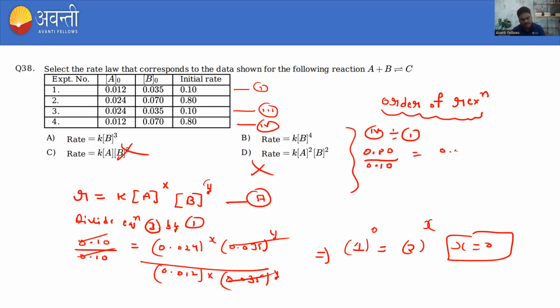Put the values: 0.024 raised to the power x, and here 0.070 raised to the power y, and here also 0.024 raised to the power x and 0.035 raised to the power y. So this cancels, 2 times cancels, and this becomes 8.